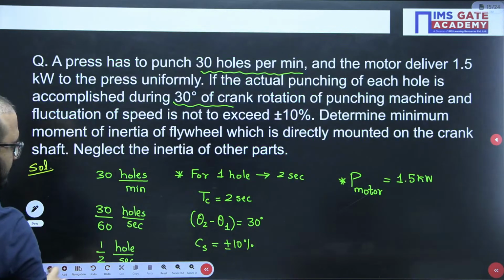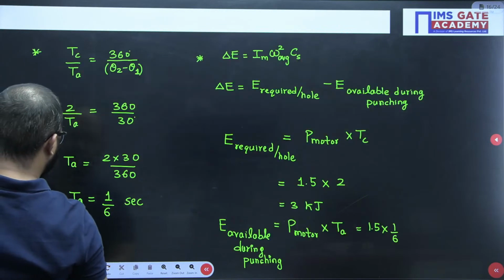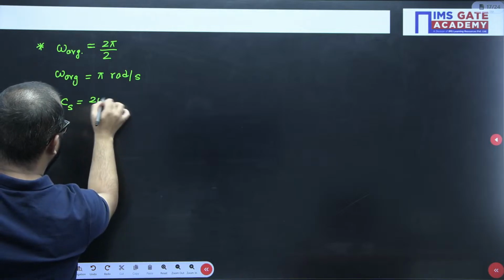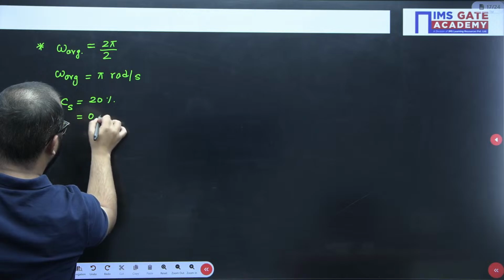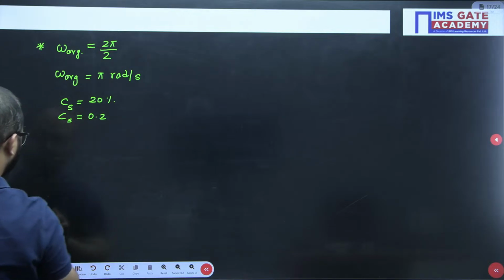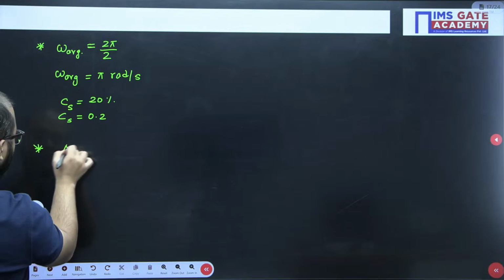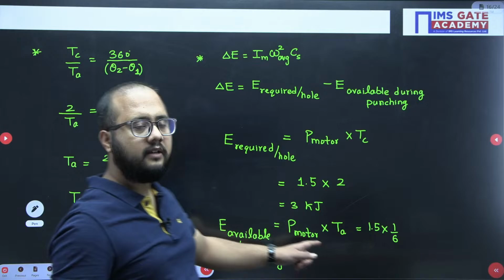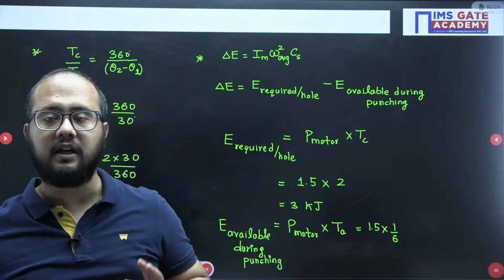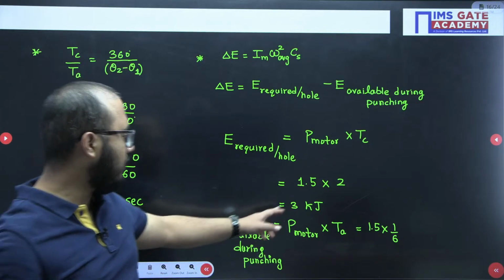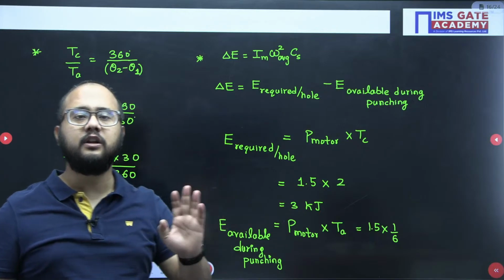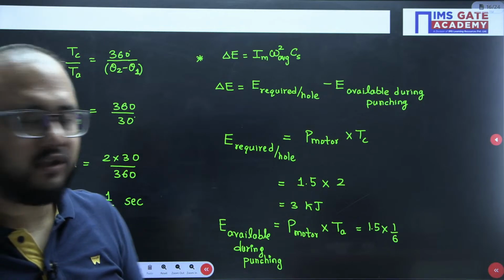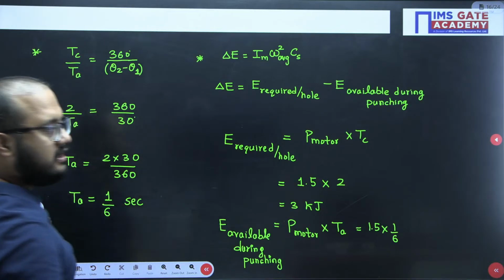And what about the Cs? Plus minus 10%, so it will be 20%. 0.2 is the Cs value. Finally, the delta E answer. If you put all these values, you should tell the delta E answer in joule, because I have mentioned kilojoule here. In terms of joule you need to mention it. What will be the answer of delta E, the fluctuation of energy? Write down fast everyone.